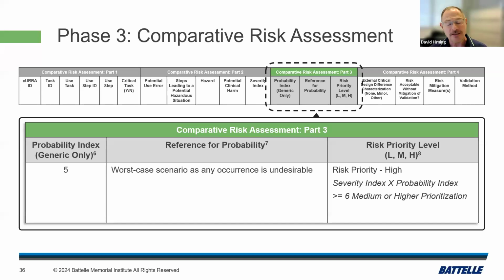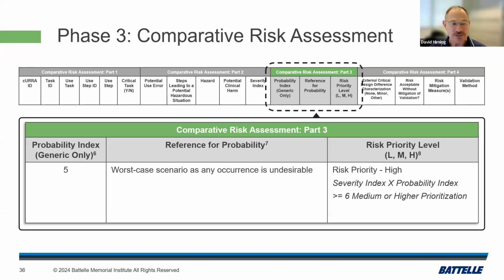Now, if this is the case, we suggest your probability index will always be 5. And the reason we say 5 is the agency's stance concerning difficulty of accurately assigning probability to use errors: any occurrence is undesirable.